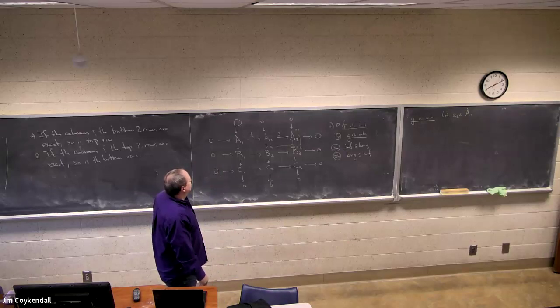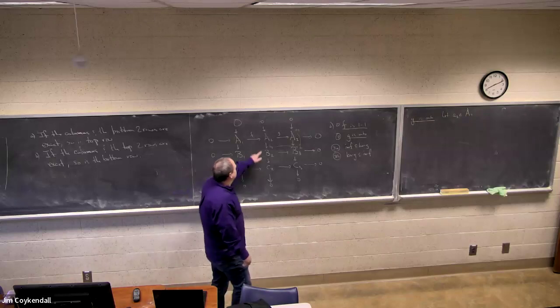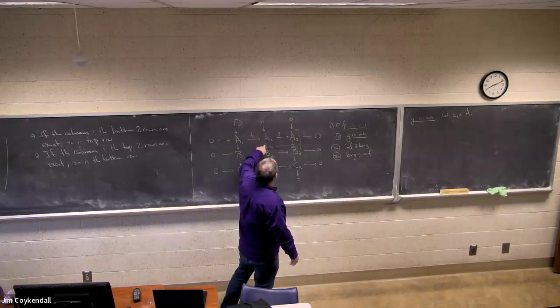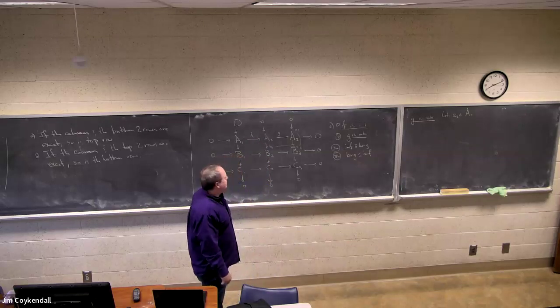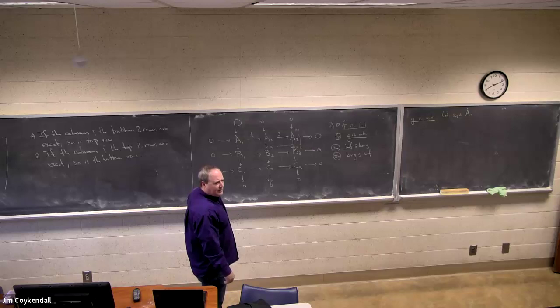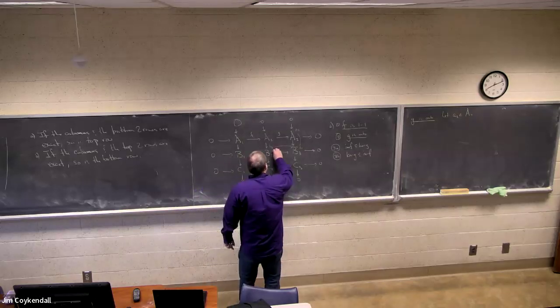Now, it would be really groovy if I could find something here that goes to B2. And I can, but it's not readily obvious. Any ideas on what we might have to do here? So C2, C3.